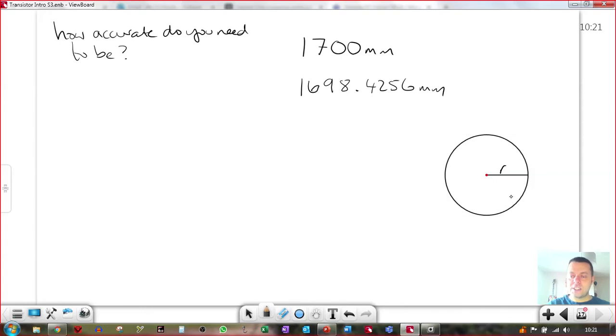You can calculate the circumference of a circle by multiplying the diameter by a value called pi. And pi, as you can see, is calculated by the circumference divided by the diameter.